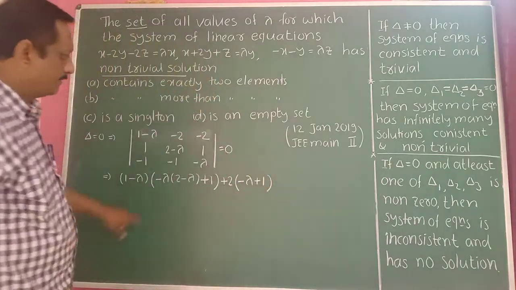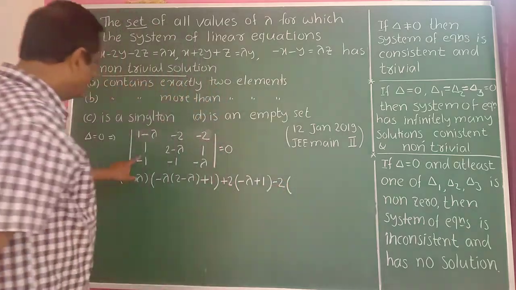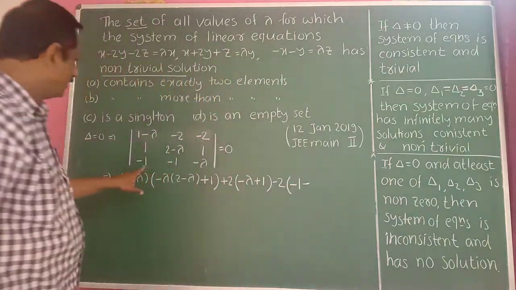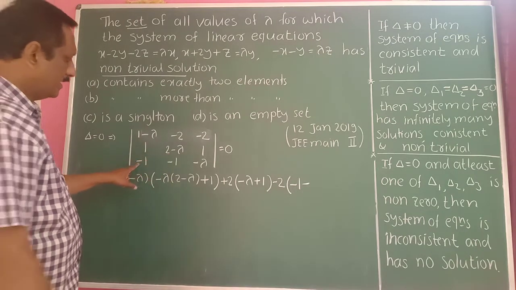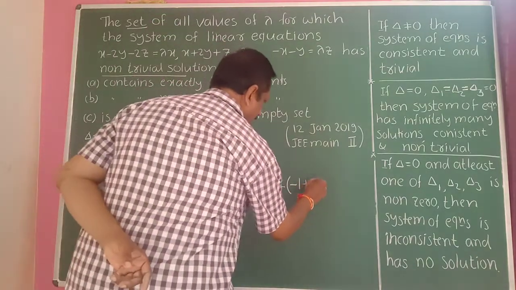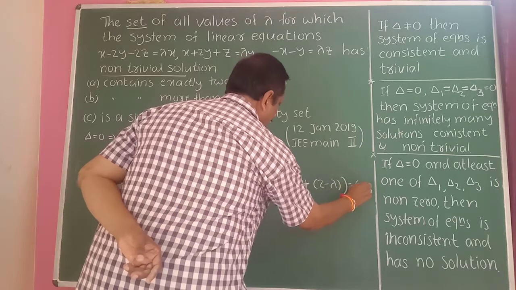Minus 2 into bracket: 1 into minus 1 is minus 1, minus 1 into 2 minus lambda, minus of minus becomes plus, 2 minus lambda, that is equal to 0.